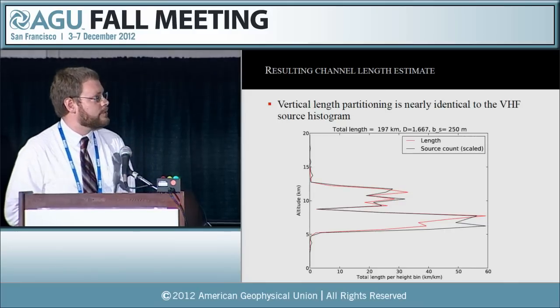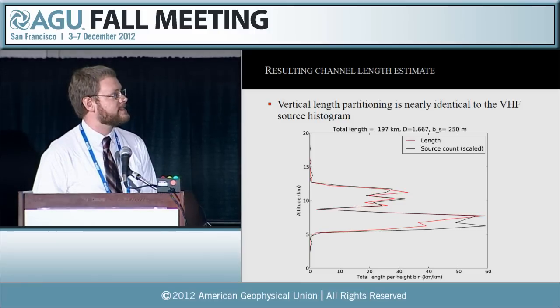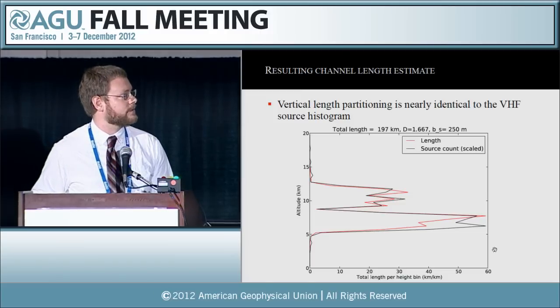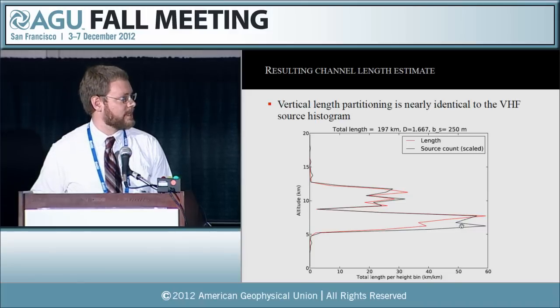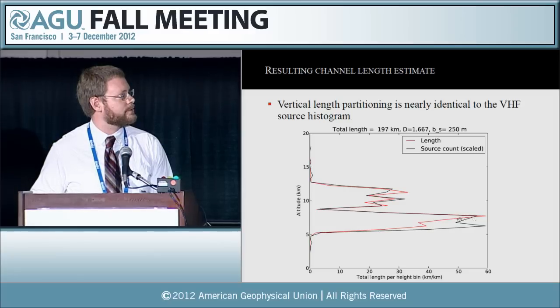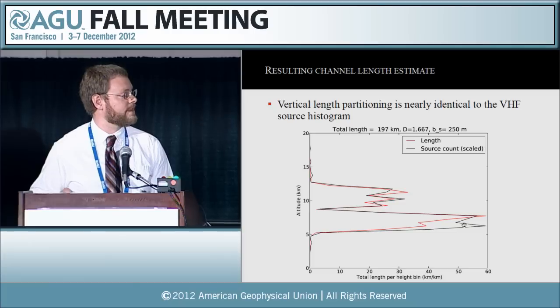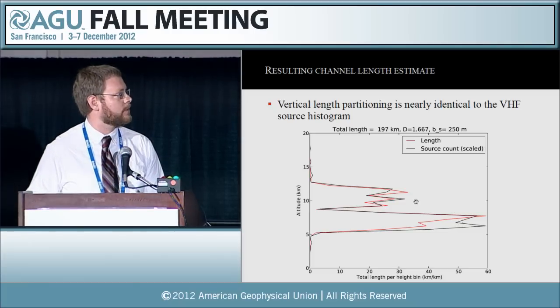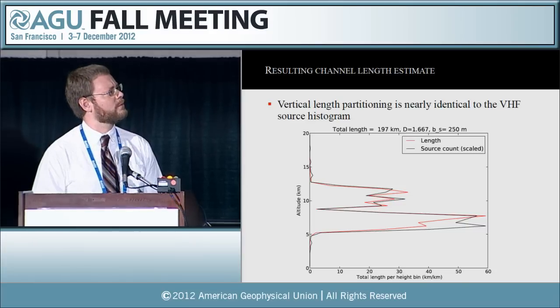All right, and if you actually run that through a real flash, you produce a vertical length partitioning that happens to be nearly identical to the VHF source histogram. The length estimate is the red curve here. There's some differences because we're using a slightly different method, but the source altitude distribution and the vertical length distribution actually follow almost exactly the same curve, which is sort of remarkable.